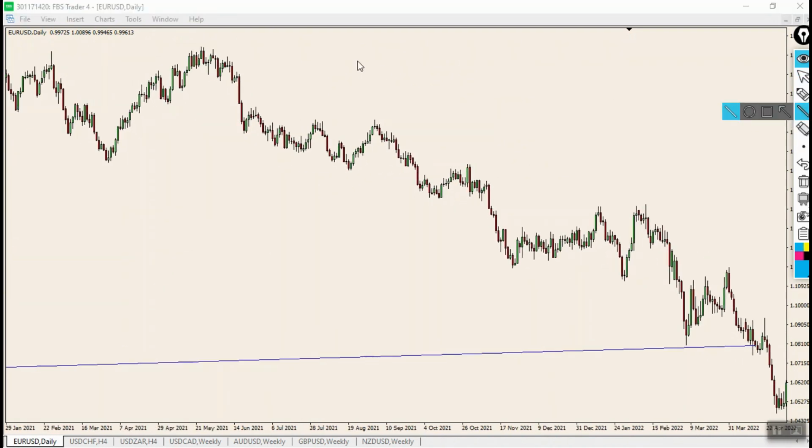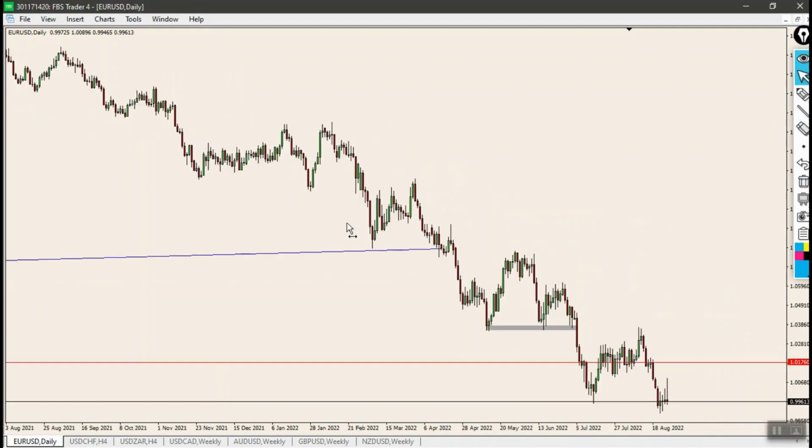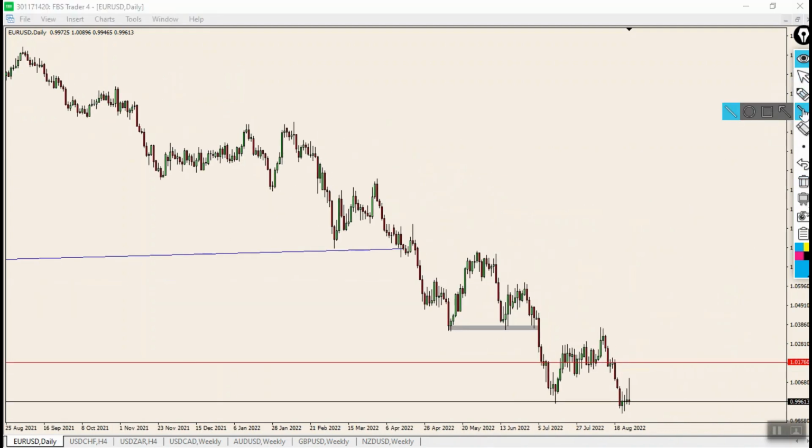We have the first one here, which is an expanding triangle right there, right? We have another expanding triangle right here, right? We have another expanding triangle somewhere here, right? And hold on, we have this pattern right here, with this pattern right there.